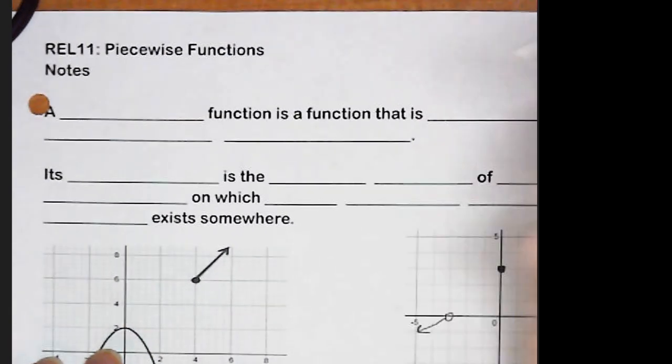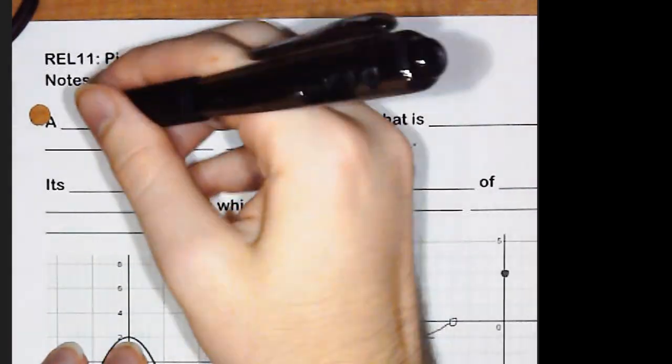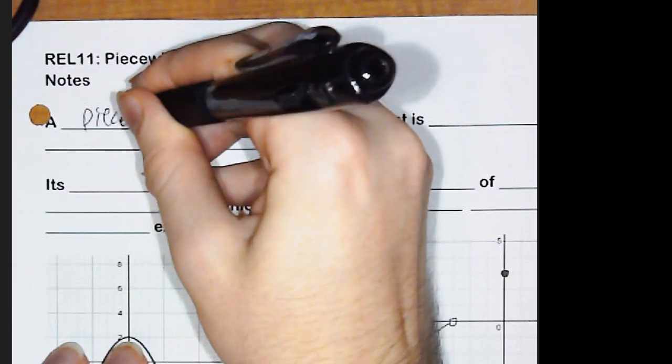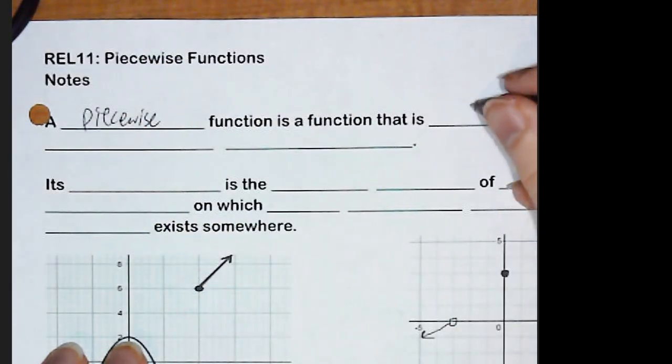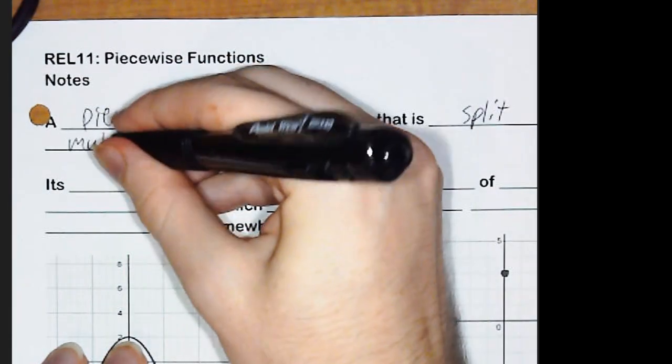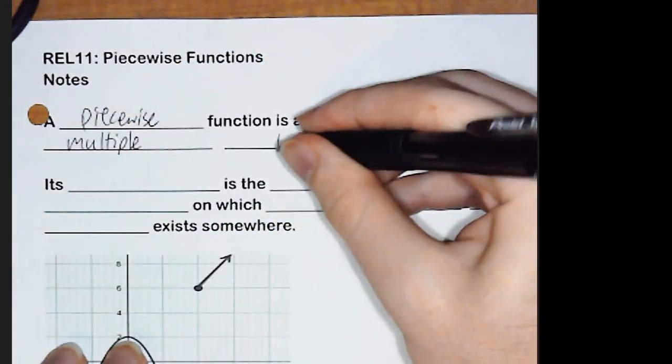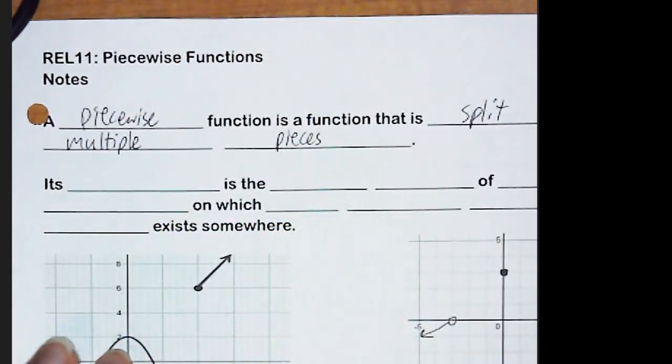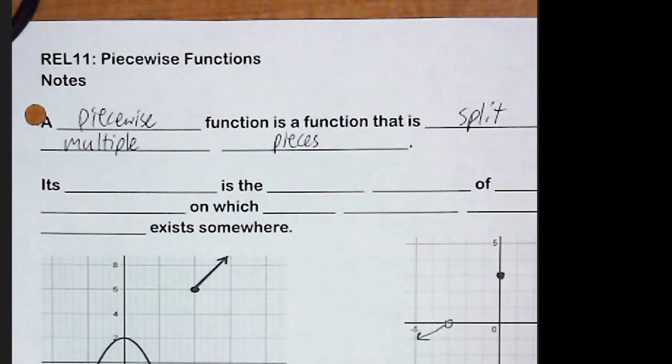Alright, so let's talk about piecewise functions. A piecewise function is a function that is split into multiple pieces. When we talk about piecewise functions, we have to talk about its domain and range as something a little bit different than normal.